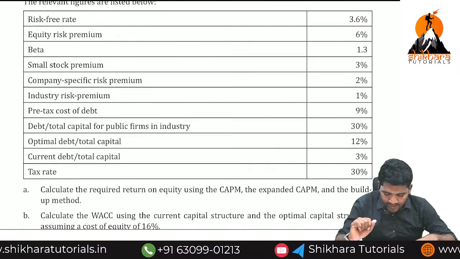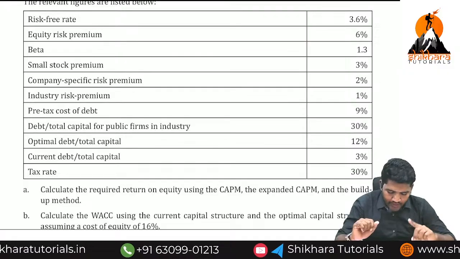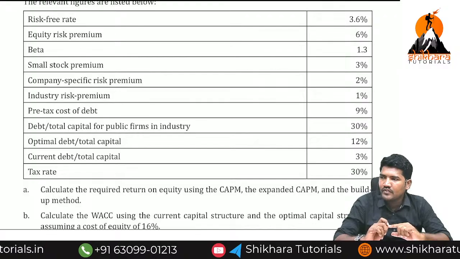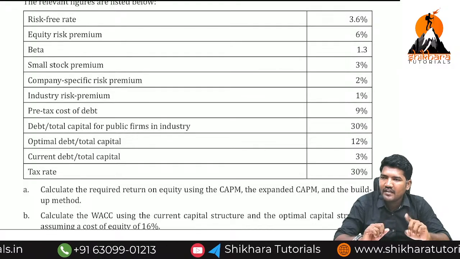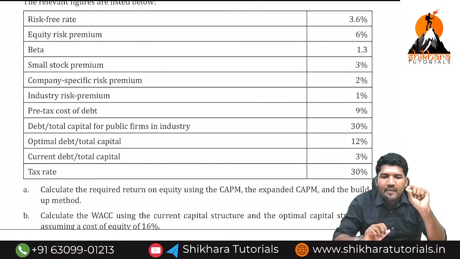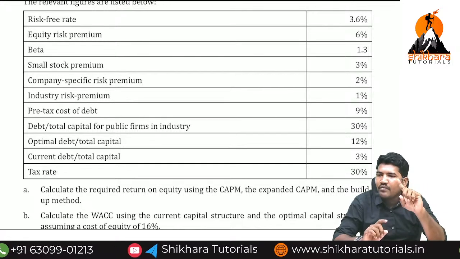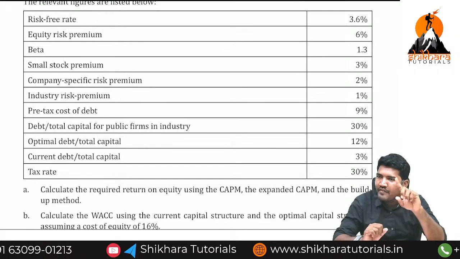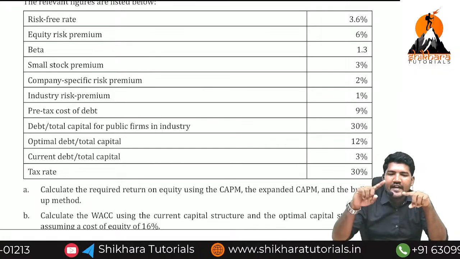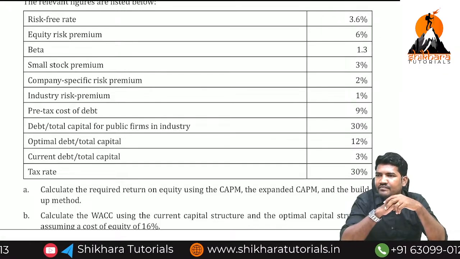Next, debt divided by total capital for the public firm in the industry. Simple. If I procure 1 rupee from the market with the help of all sources, on that 1 rupee, the debt portion is 30%.